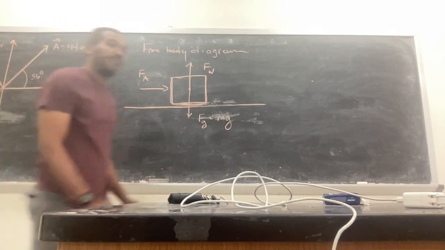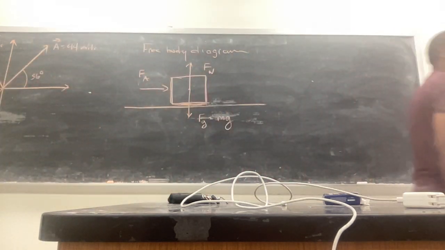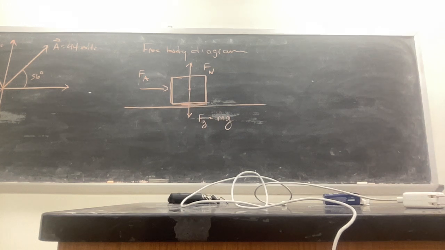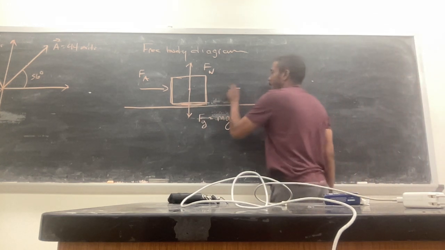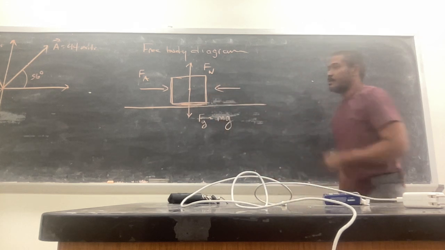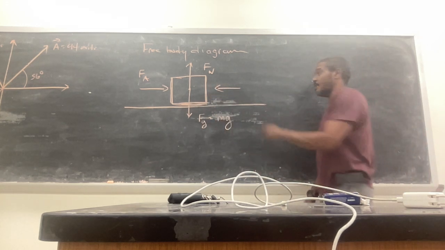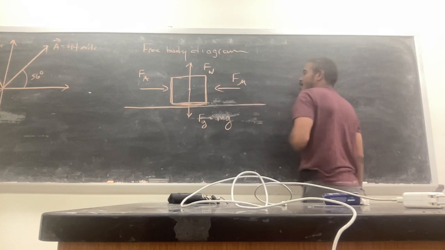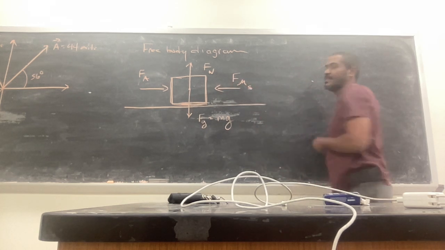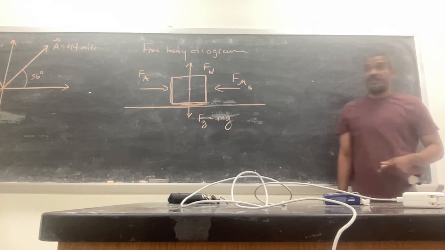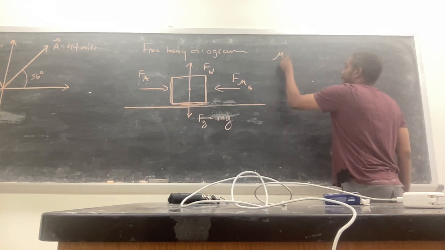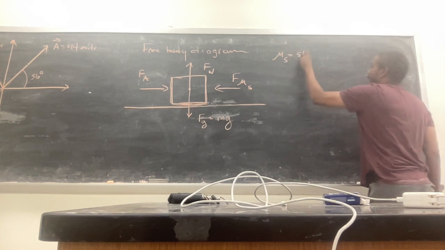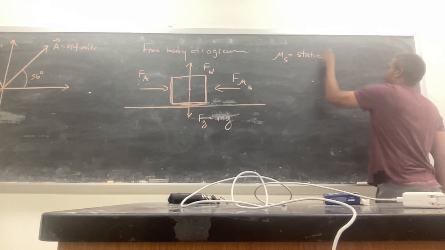So what opposes you when you push the box? Friction. Yes. That's what we just talked about. So friction is this way, right? And we call that F of mu of S. And we have two types of friction. We have mu of S, which is static friction.